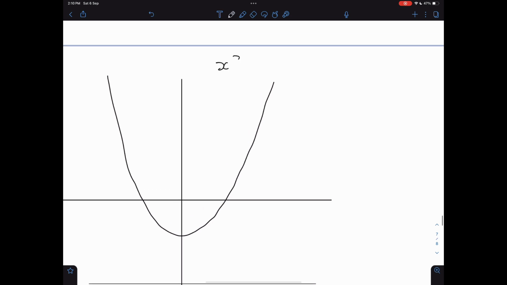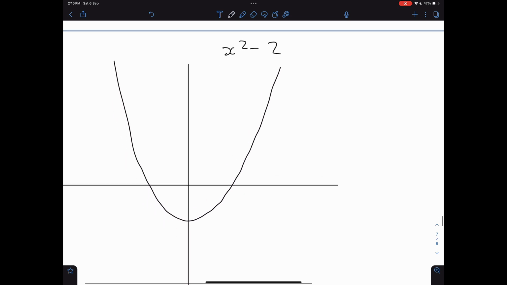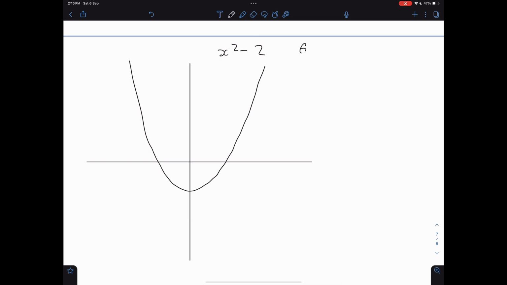Imagine this is x squared minus 2, and suddenly we just said for x greater than 2. And that would mean, well, 2 squared is 4, minus 2.